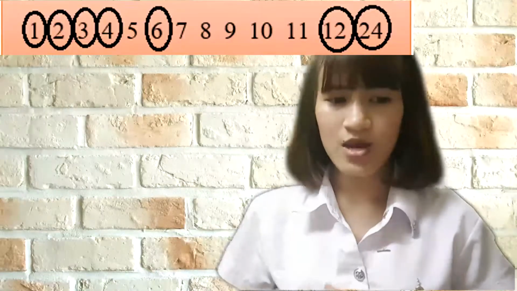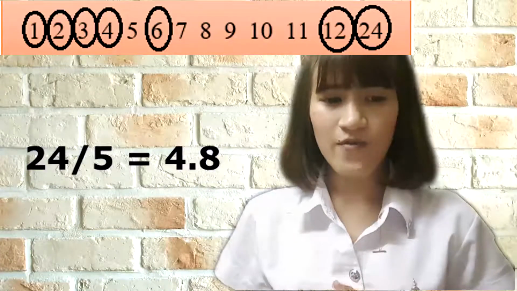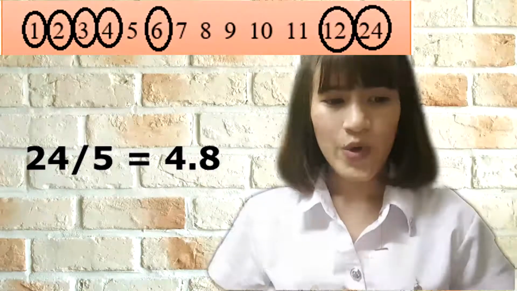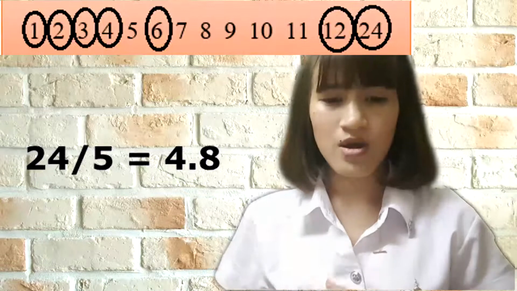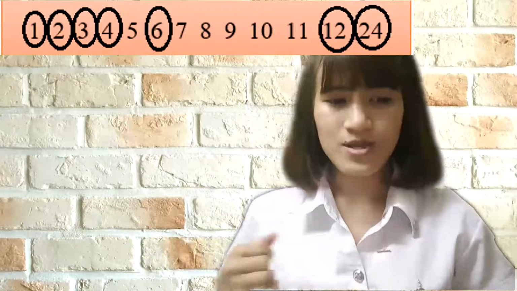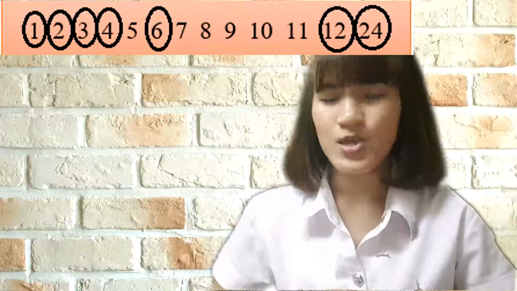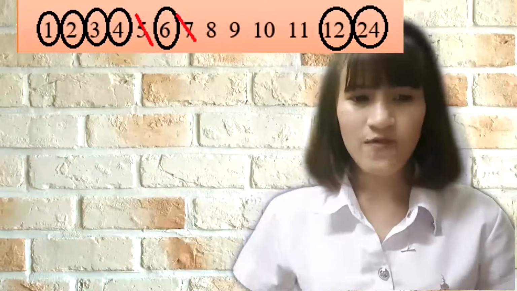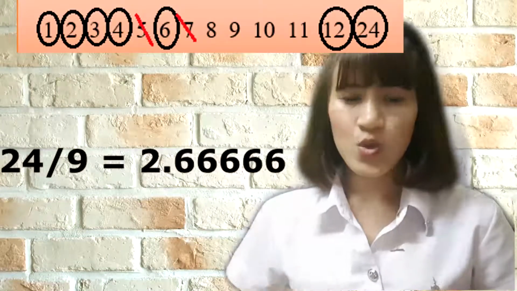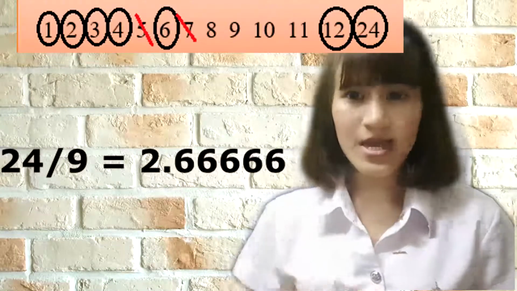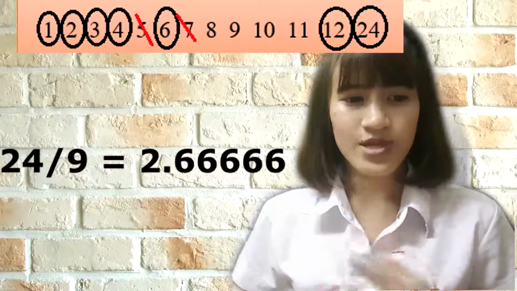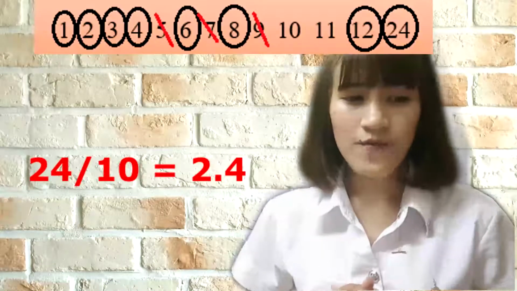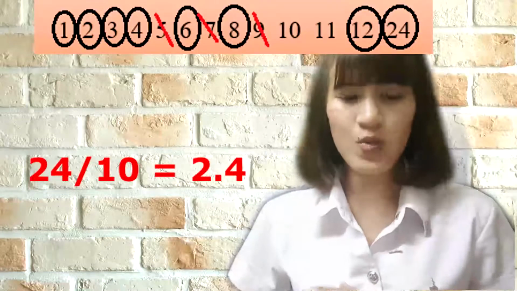We haven't checked 5. 24 divided by 5 equals 4.8. Will that divide evenly? No, because our answer is a decimal number. That means that 5 is not a factor of 24. Next, we'll try 9. 24 divided by 9 equals 2.6666. That's definitely not a factor. Okay, how about 10? 24 divided by 10 equals 2.4.